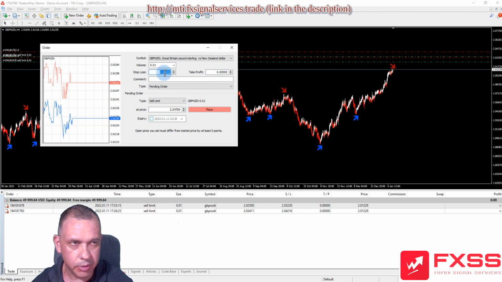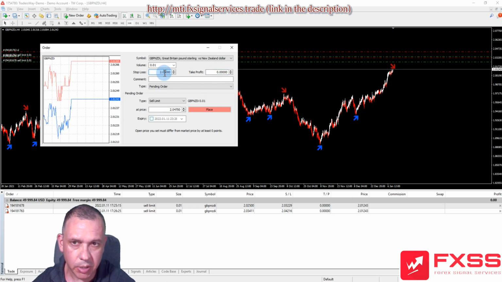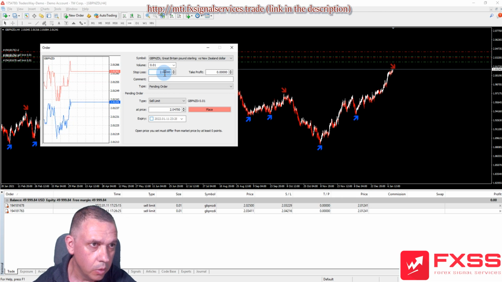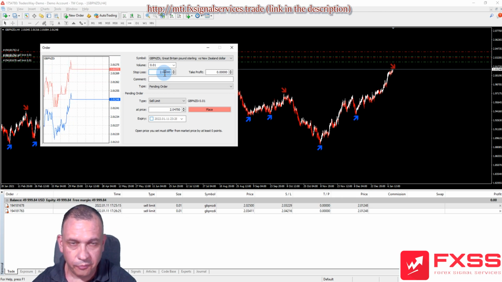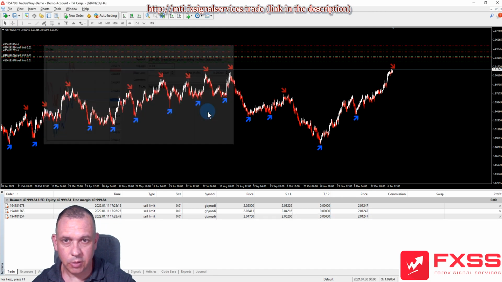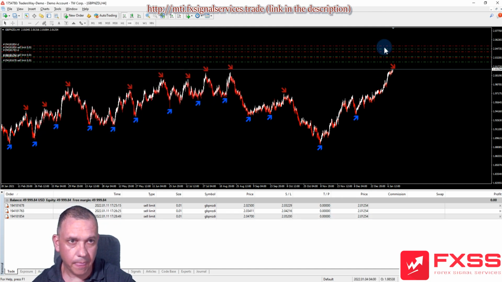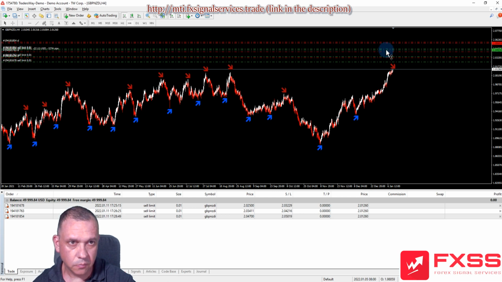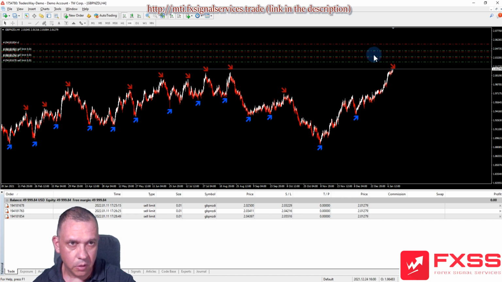I always want to put take profit. Stop loss going to put at 2.05. Let's just say 200. I can always readjust this a little bit. I want to put the sell limit slightly above the current stop loss here.